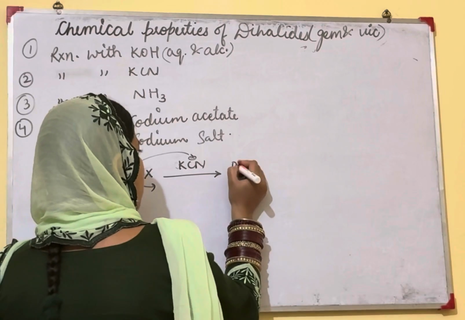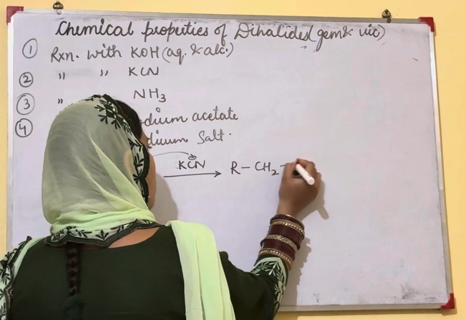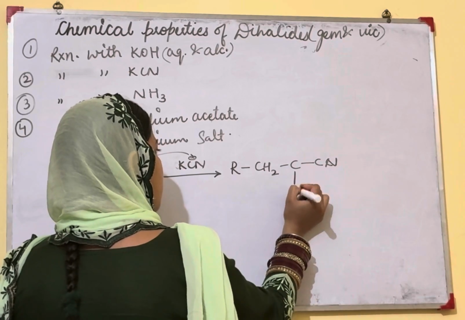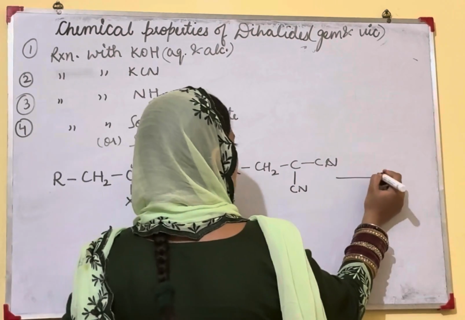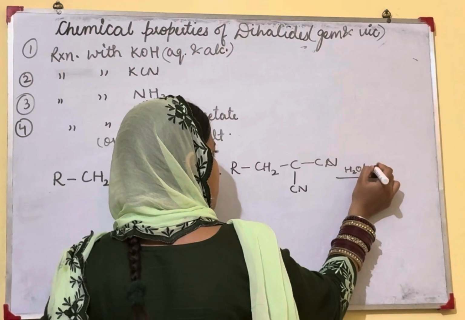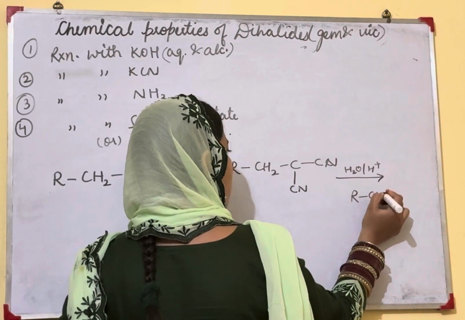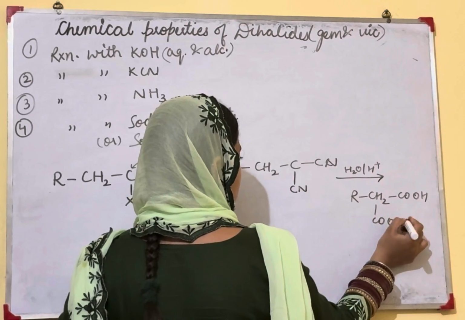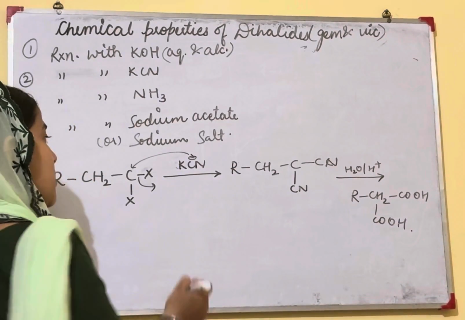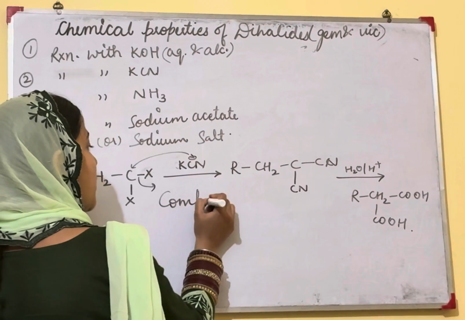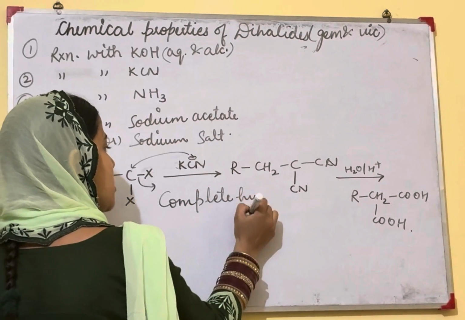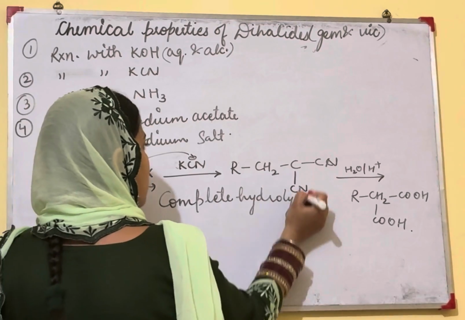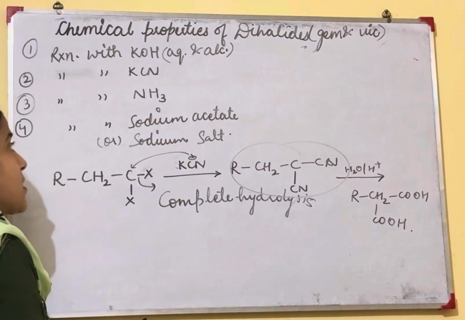In a similar manner, it will lead to the formation of CN. On hydrolysis, it leads to the formation of COOH, a dicarboxylic acid. Here the complete hydrolysis of these cyano compounds will take place.